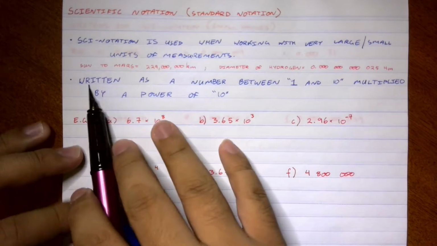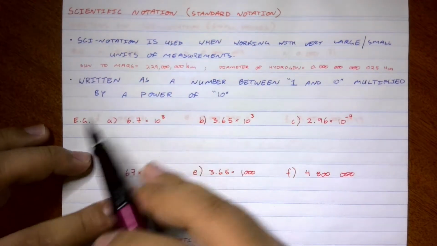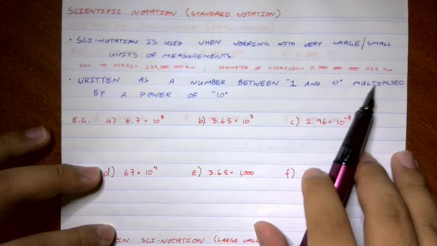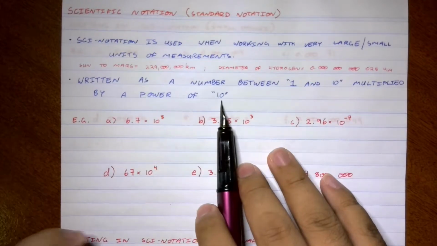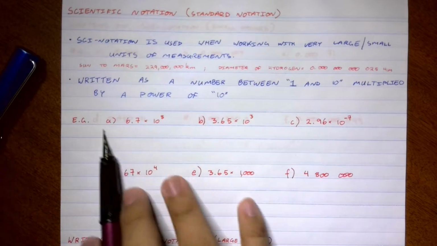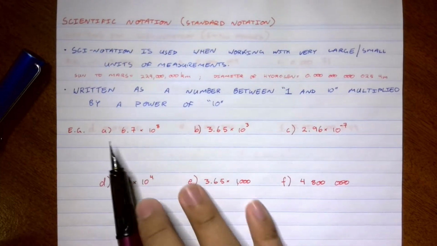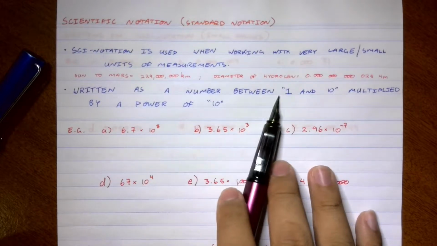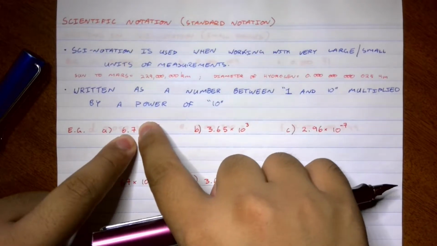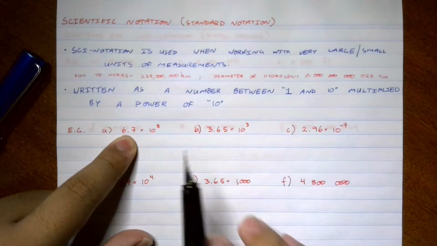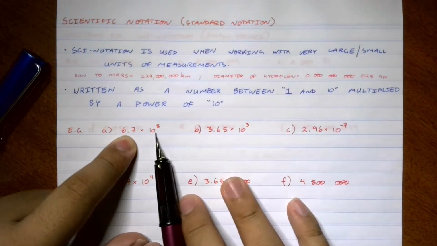Okay, so scientific notation is written as a number between 1 and 10 multiplied by a power of 10. So here's an example. The first three, A, B, and C, are examples of this. The first number, 6.7, is a number between 1 and 10, and it's being multiplied by some power of 10.